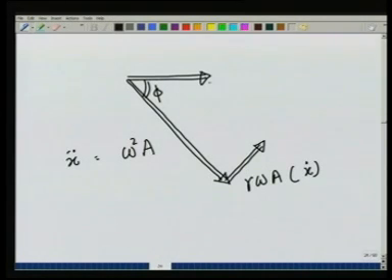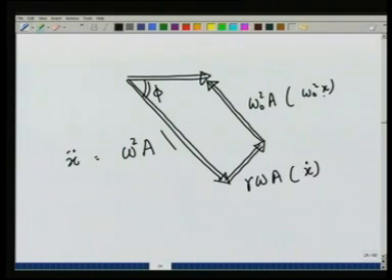And the spring's own force is in the direction opposite to the displacement. Displacement is in this direction, which is omega naught square A. This is the term omega naught square x. So, you see, this should end up at the tip of the force F. The net force is balanced all the time.